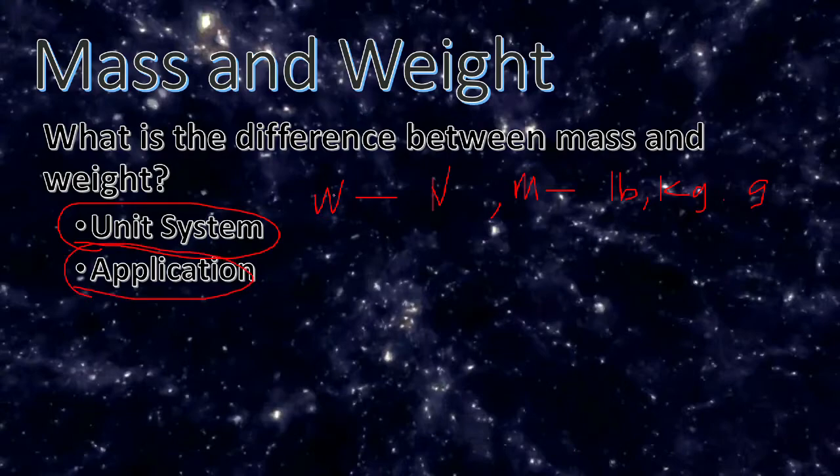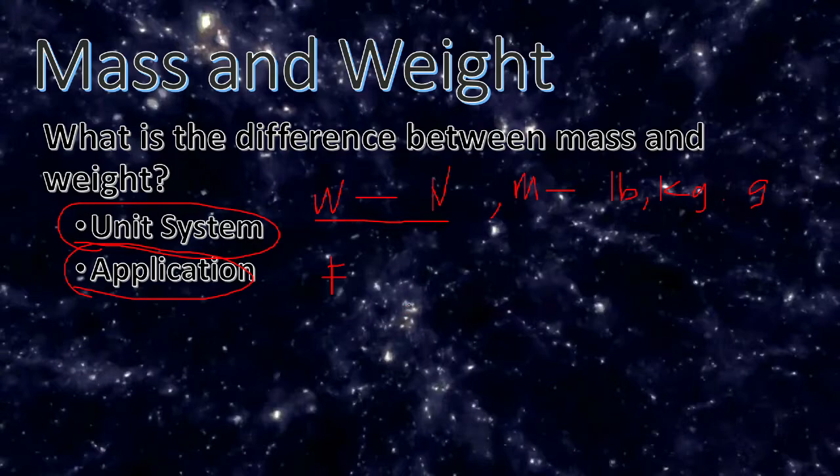Another difference is its application. Obviously, weight's application is for force, so how much you actually weigh. There is a misconception when you're asked at a hospital, or your friend asks you, how much weight do you have? And you answer, I weigh 70 kilograms.